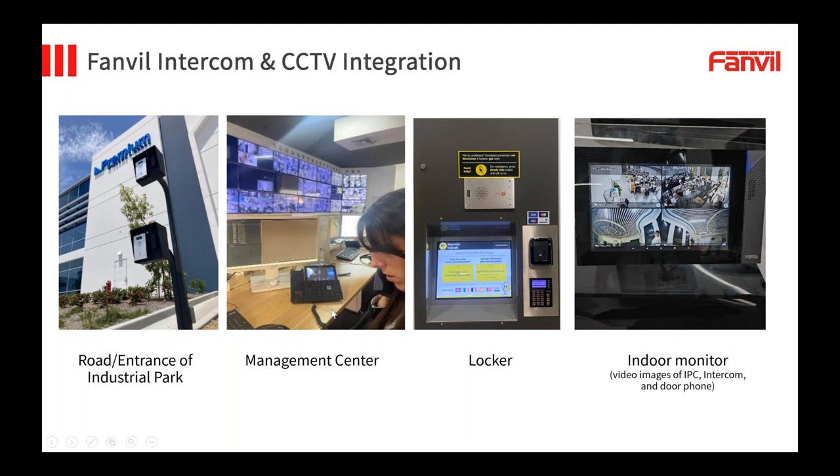And for the video previewing function, the Fanvil X7 video IP phone was applied to management centers. And also, just like the picture shows here, you can see a clear image of your door phones and intercoms.